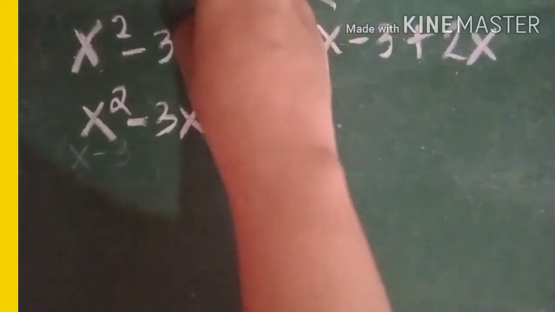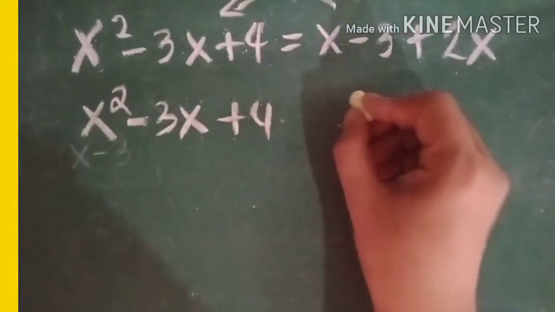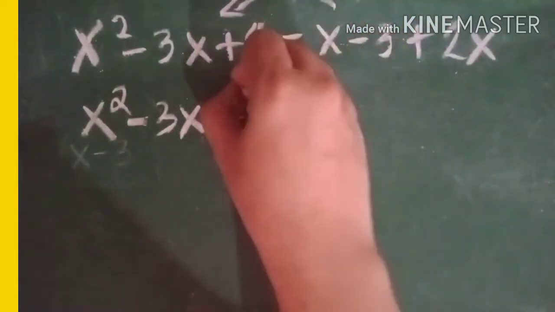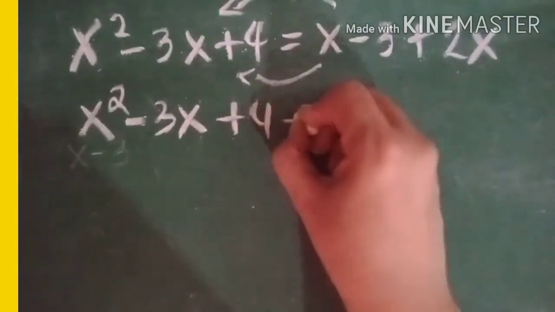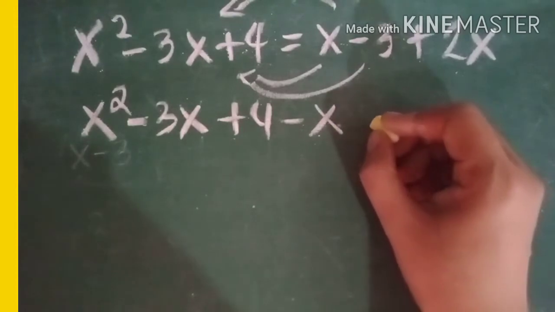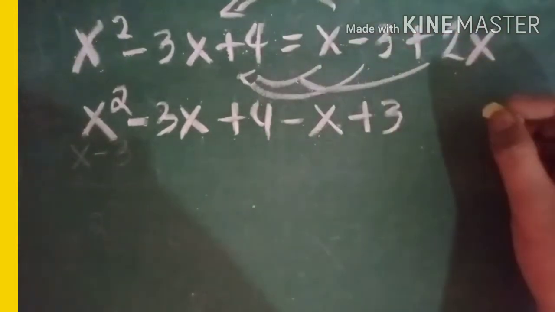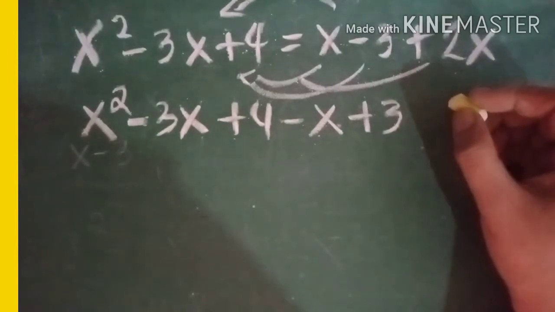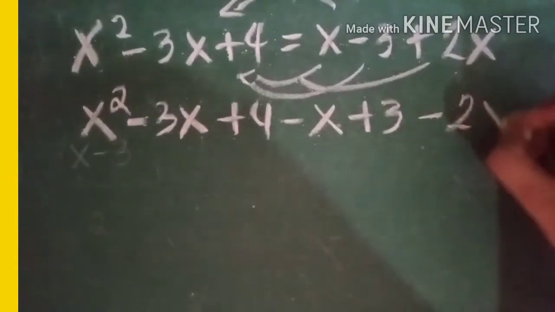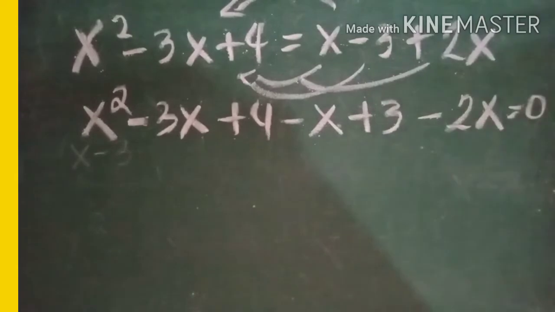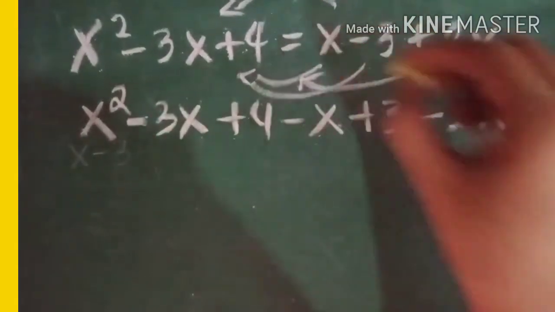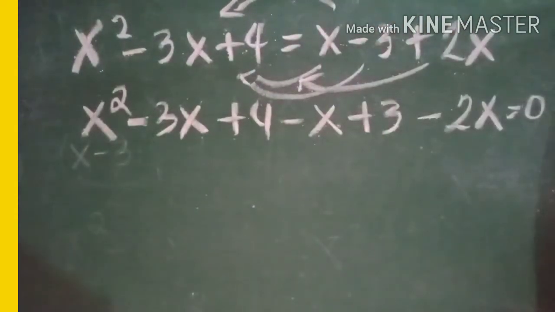Ilalagay natin lahat ng nasa right side na equation sa left side. Okay, transpose natin yung x. Positive x magiging negative x. Yung negative 3 magiging positive 3. Then, yung positive 2x magiging negative 2x. Okay? So, pag nagtatranspose tayo, naglilipat, nag-change ang sign. Then, equate natin sa 0.